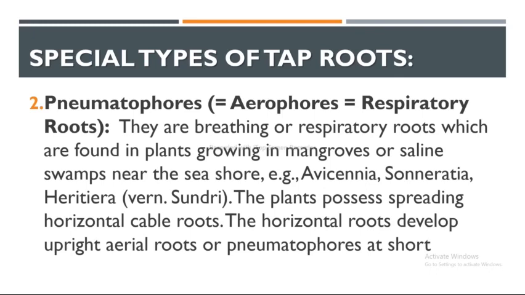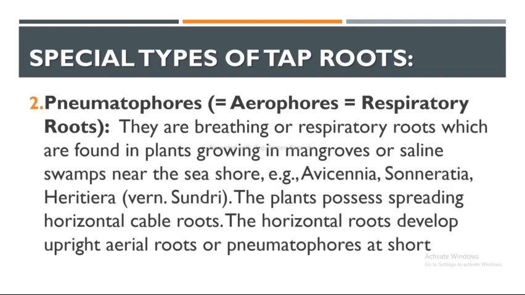Next special type of taproot is the pneumatophores, aerophores or respiratory roots. They are breathing or respiratory roots which are found in plants growing in the mangroves or saline swamps near the seashore. For example, Avicennia, Sonneratia, Heritiera, vernacular name Sundri.